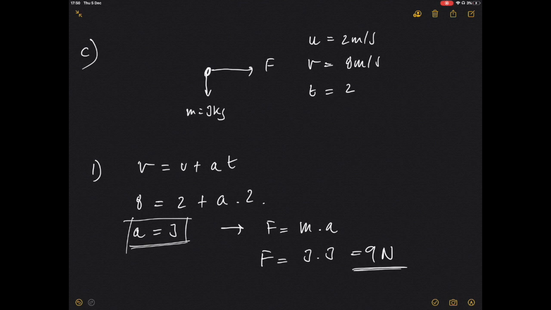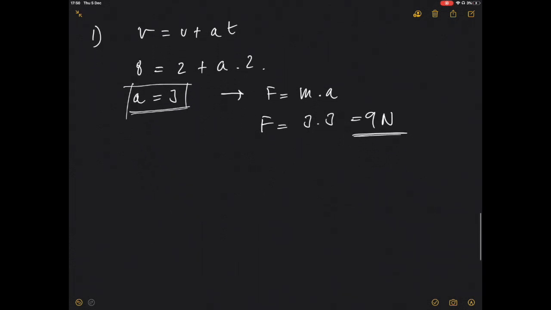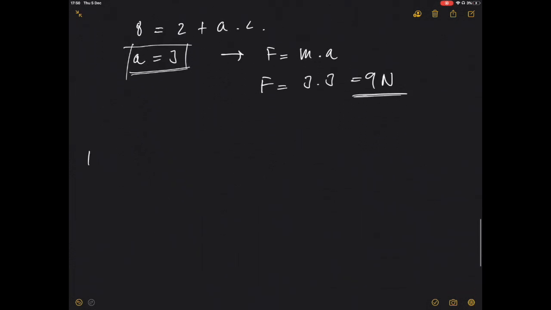The next part of the question, part C(ii), says if F equals 6, find the displacement of the particle 4 seconds after starting from rest. So we know that u equals 0 now, as it started from rest, and t equals 4 seconds.